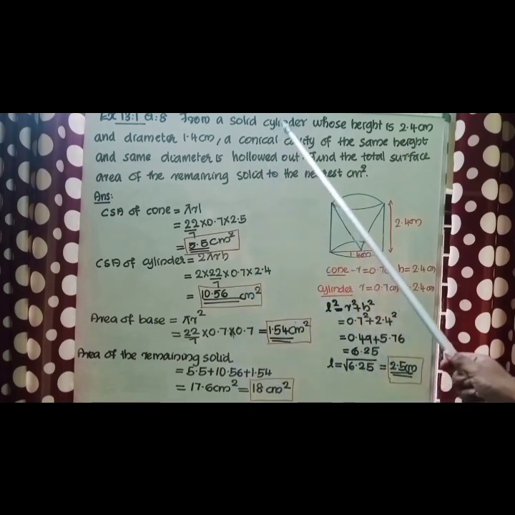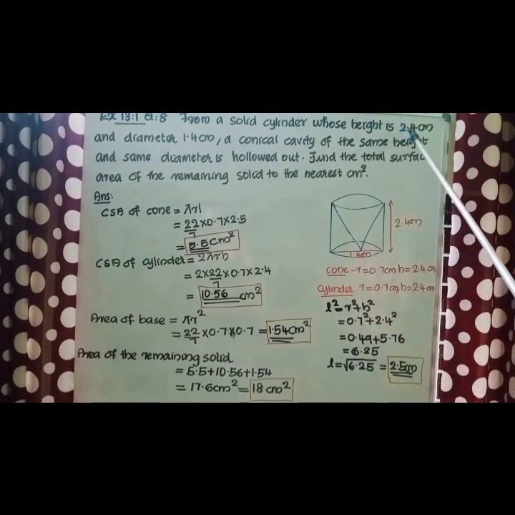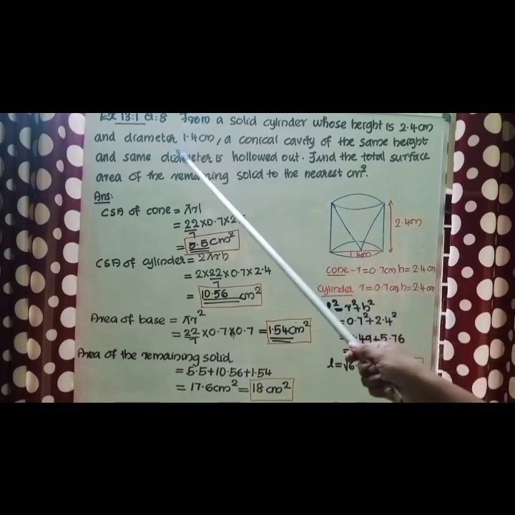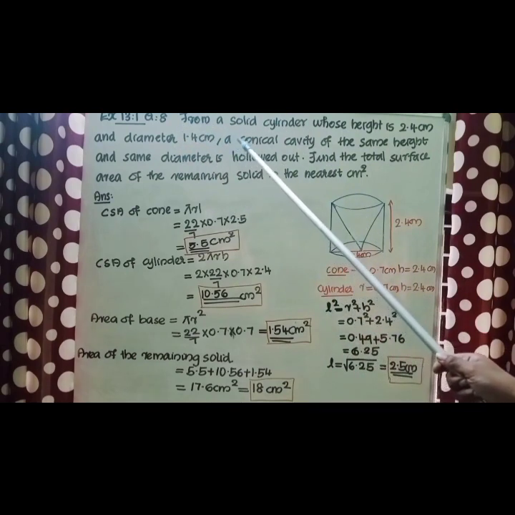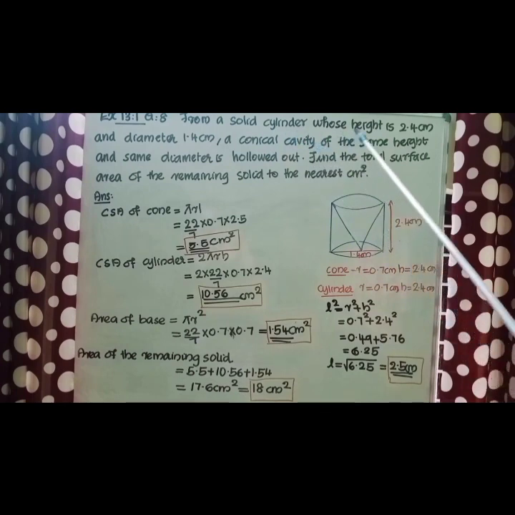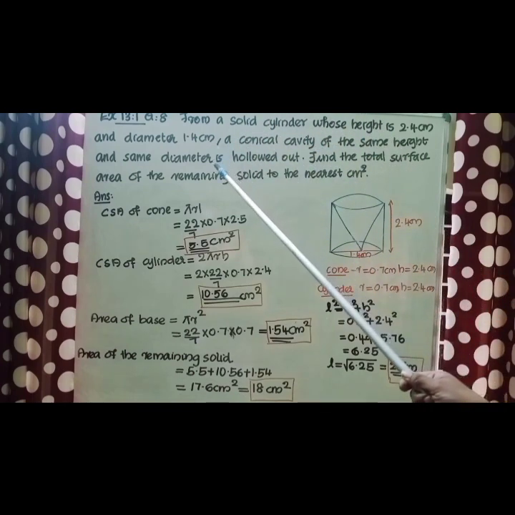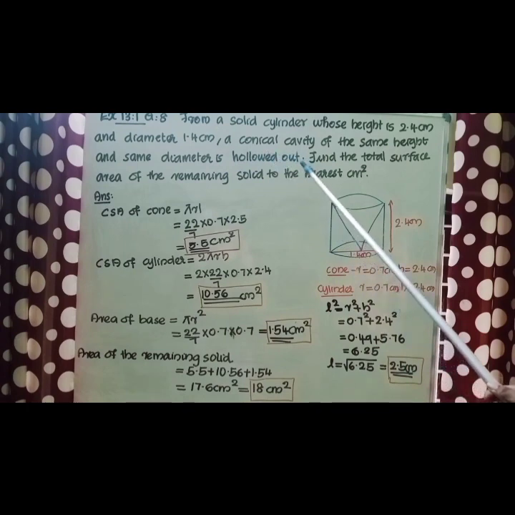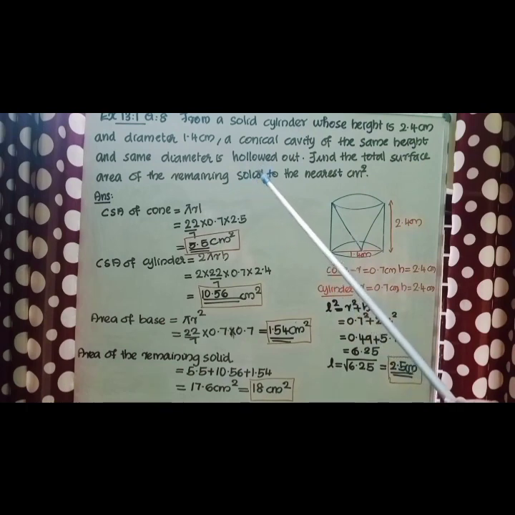From a solid cylinder whose height is 2.4 centimeter and diameter 1.4 centimeter, a conical cavity of the same height and the same diameter is hollowed out. Find the total surface area of the remaining solid to the nearest centimeter square. So there is a solid cylinder with the diameter 1.4 centimeter and height 2.4 centimeter.